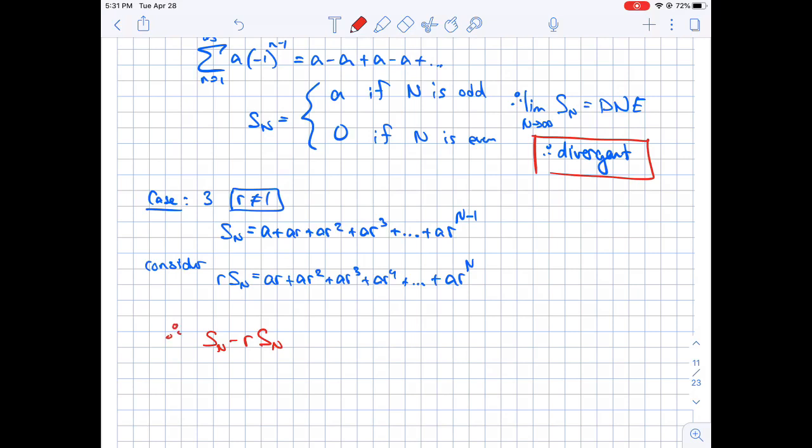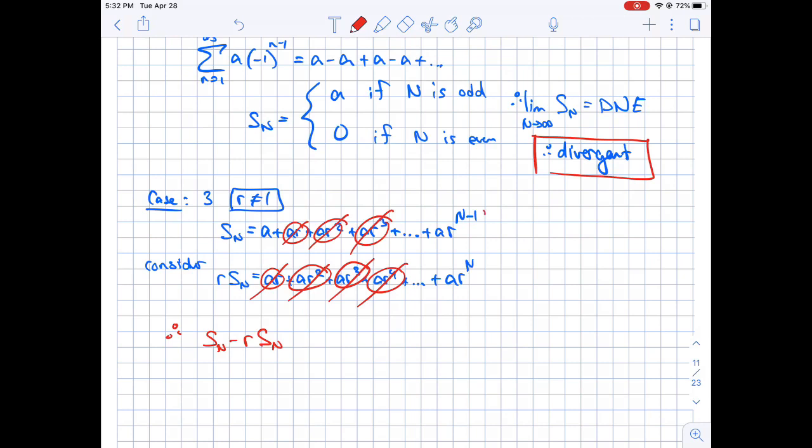Okay, and let's see what happens with this. So if I do the first one minus the second one, you'll notice almost all of these terms are going to cancel out. I could take this a times r with this a times r. They're going to cancel with each other. This ar squared, those are also going to cancel. Ar to the 3 is going to be gone. This term would cancel with the term that would be right here, so it is also gone.